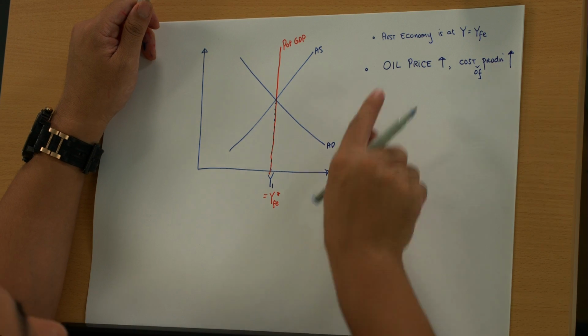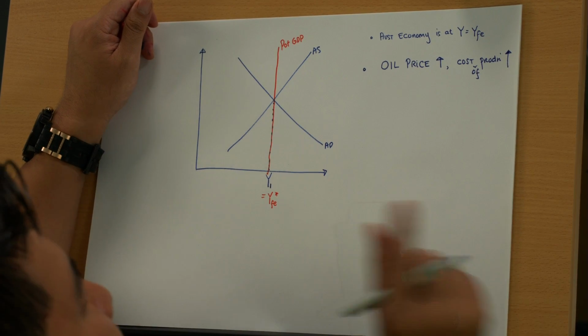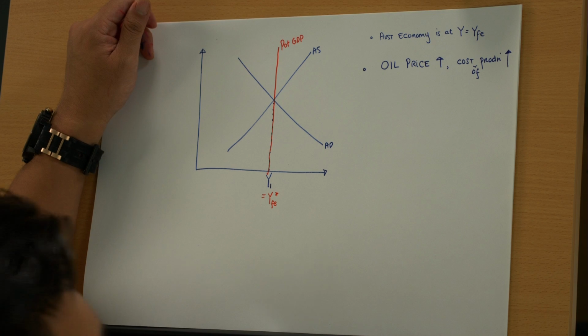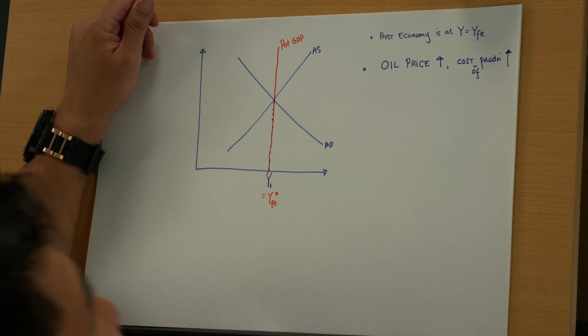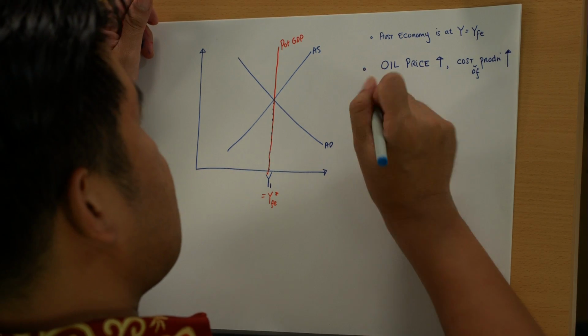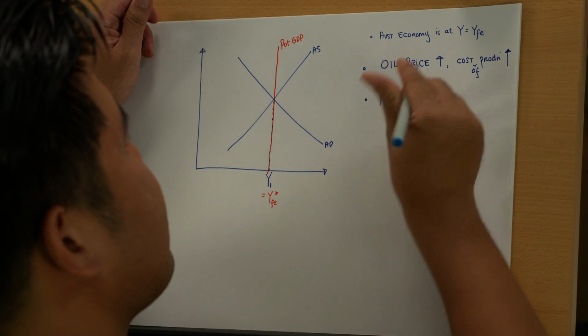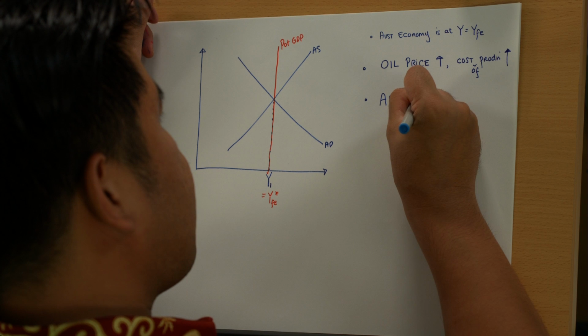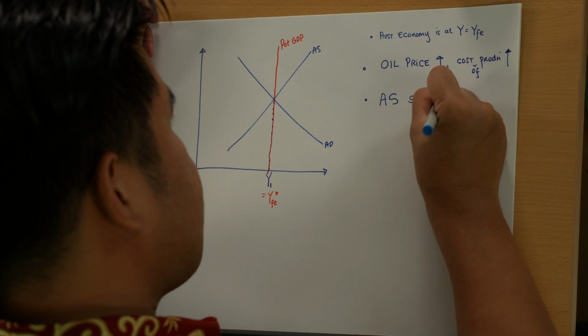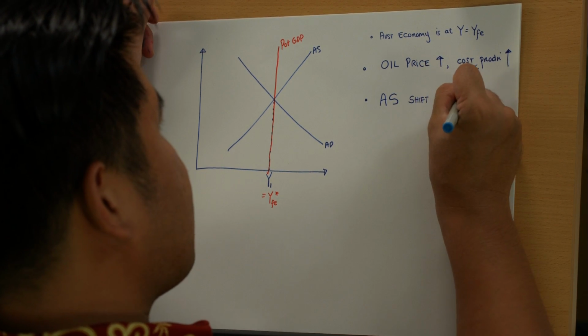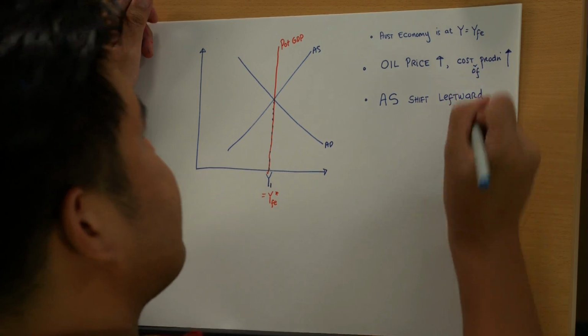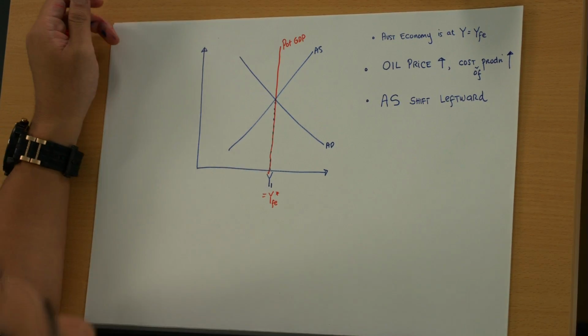See, changes in the oil price will influence production, will influence supply. So the AS curve will shift leftward, shift to the left.